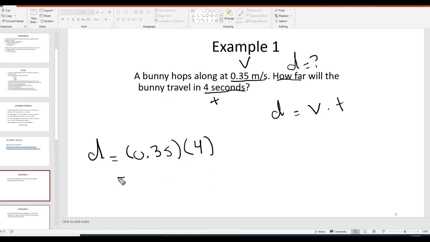A lot of the time you have to do algebra to rearrange this. In this case, all I have to do is plug this into the calculator, and I get 1.4, and the unit for that is meters.